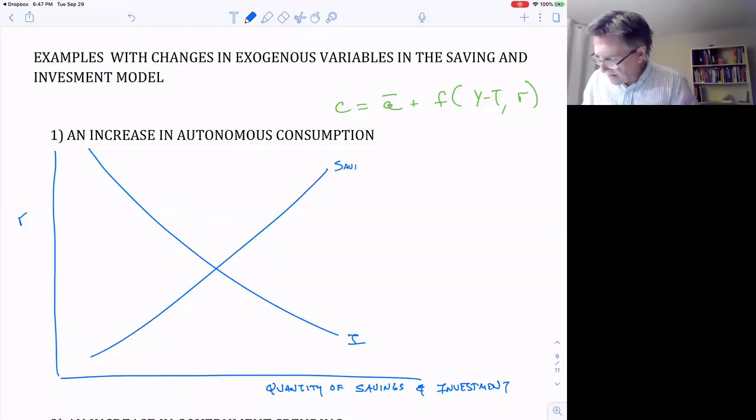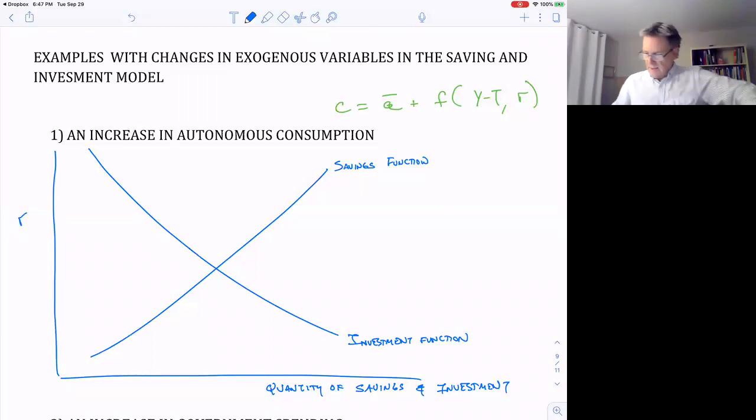So this line here is a savings function, different than the quantity, and here is the investment function. So we've got an equilibrium here. Savings is equal to investment, and an equilibrium real rate.